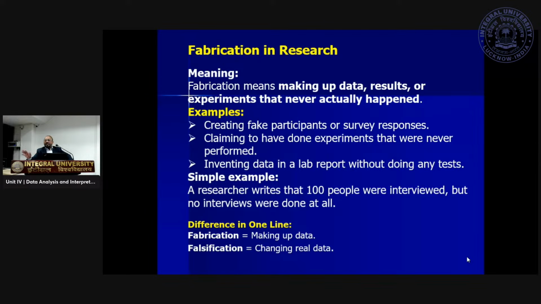Everything is fake. So this is possible, and mostly students do this in their master's dissertation or internship report writing. This is the difference between fabrication and falsification: making up data versus changing the real data.